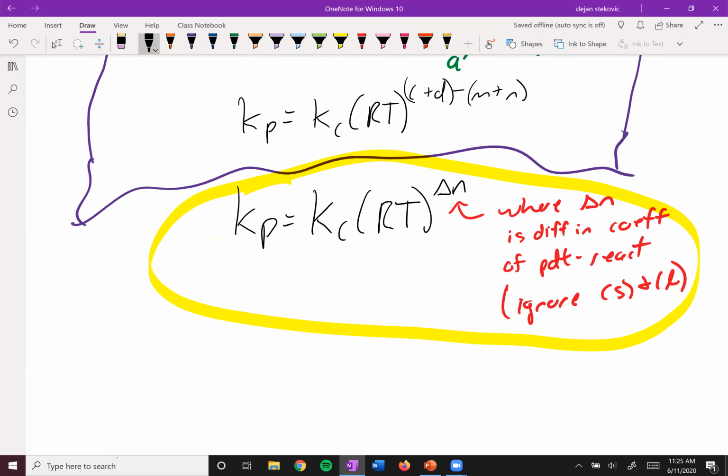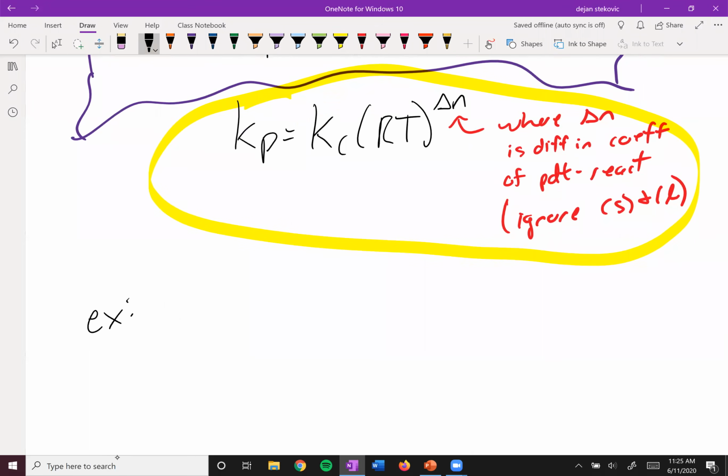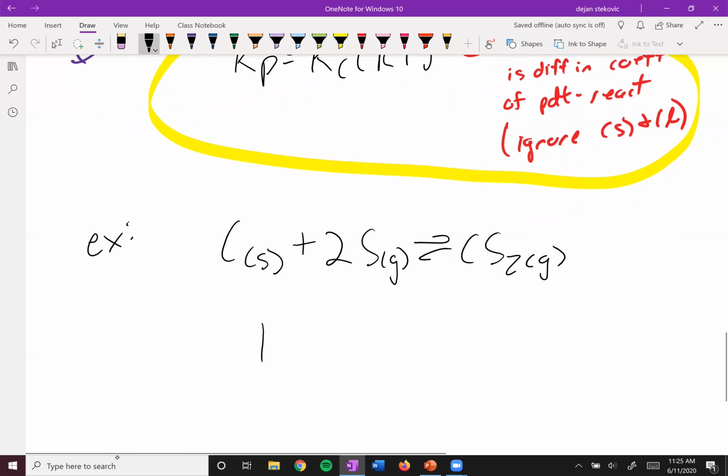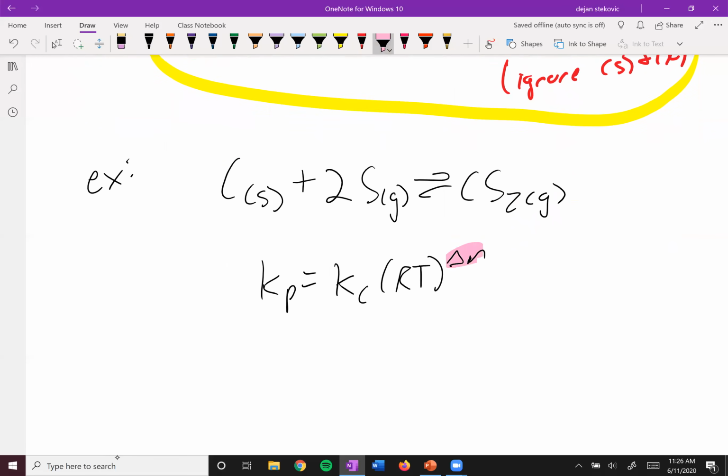So for example, if you have a problem that states solid carbon reacts with 2 sulfur gases to form CS2 as a gas, you can write Kp is equal to Kc times RT to the delta n. For this delta n, we can say that it is equal to the product coefficients minus the reactant coefficients. And remember, we ignore the solid.